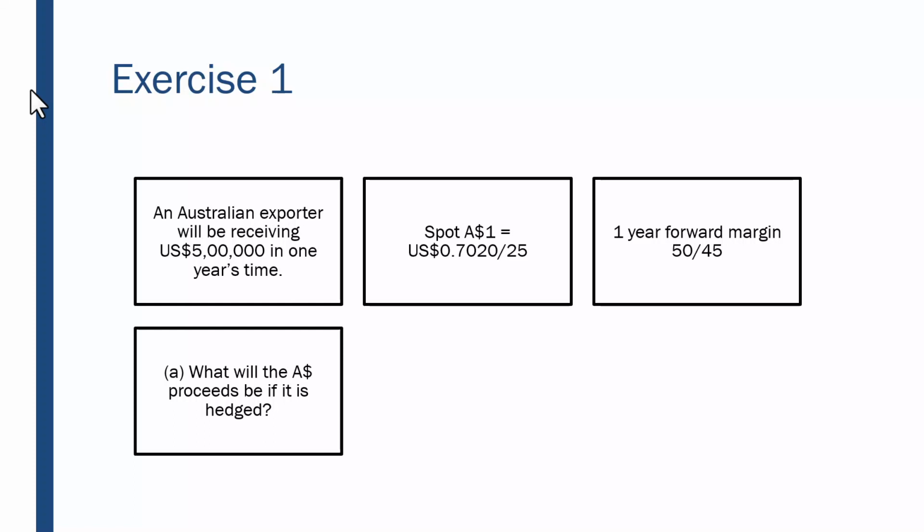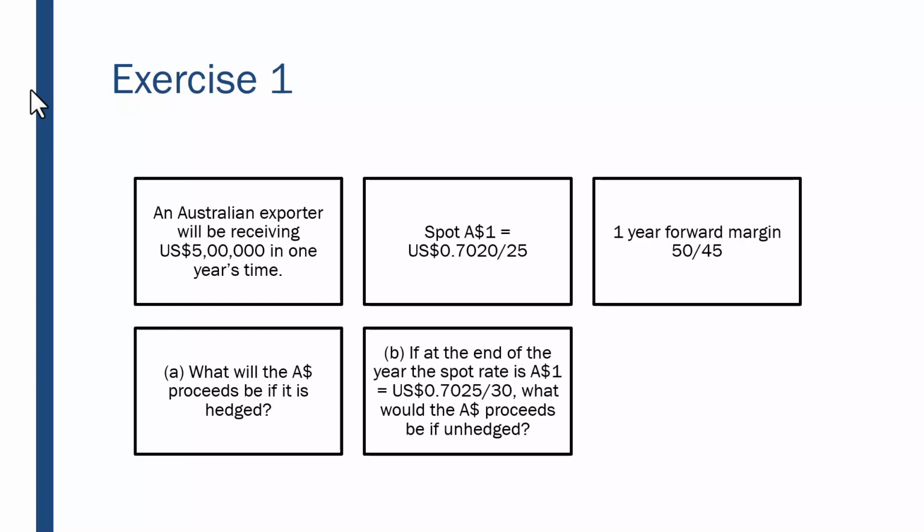What will be the Australian dollar proceeds if it is hedged? Now, if this guy who is going to receive $5 lakh is an Australian exporter, he can take a cover. He can go for a forward cover. So how much money in terms of Australian dollars is he going to receive? Suppose I take a cover, then how many Australian dollars am I going to receive?